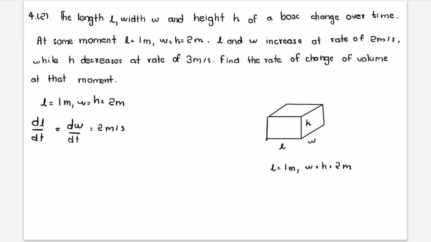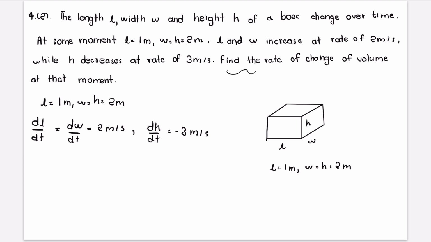Increase means it's plus because it will increase over time. So we don't need to write plus. And then H is decreased at rate of 3 meter per second. That means dH by dt equal to 3 meter per second. Since it's decreased over time, we need to add minus.